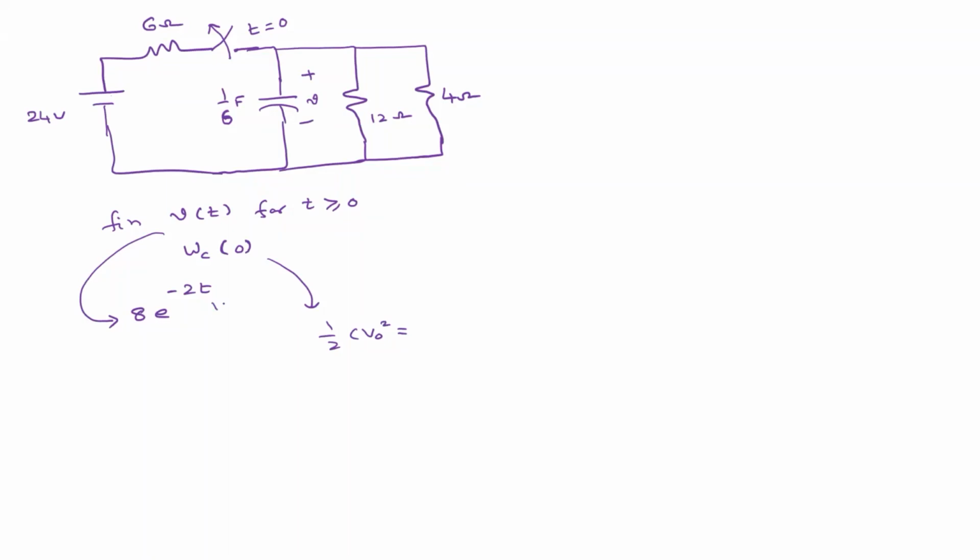So 16 by 3, sir. 16 by 3 means 5.333 joules, right? So these are the answers for this. One is 8 e to the power minus 2t volts and another one is 5.333 joules.